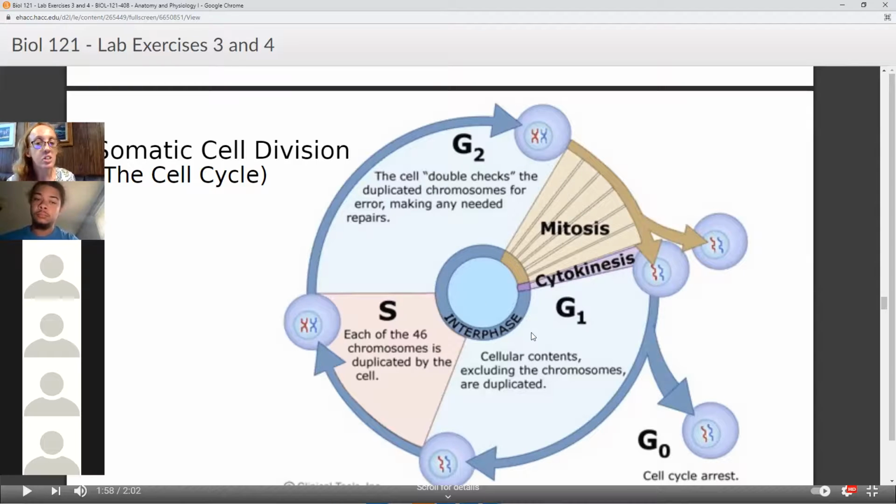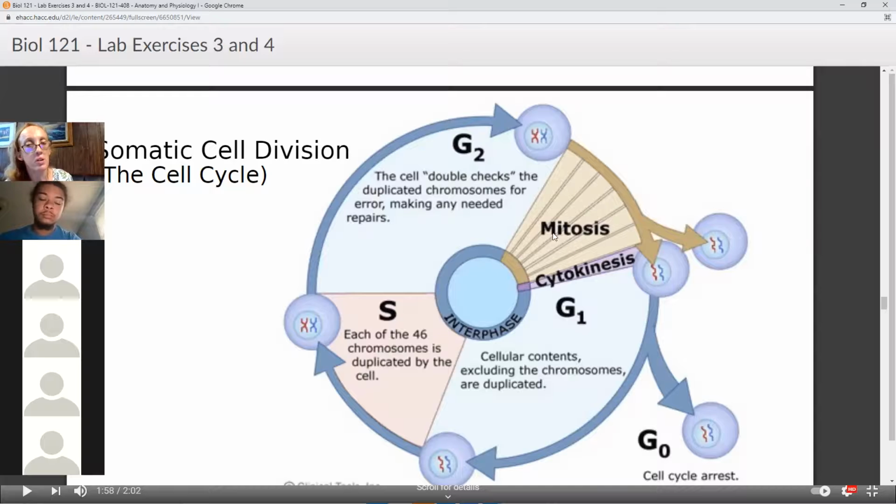So G1 phase, duplication of all of the organelles. S phase, duplication of the chromosomes. G2 phase, making sure that all the DNA that's duplicated doesn't contain any errors, and if we need to, make some repairs. And then the DNA is divided in mitosis.